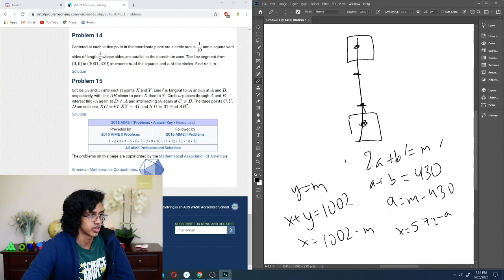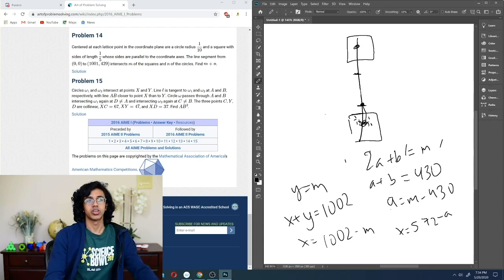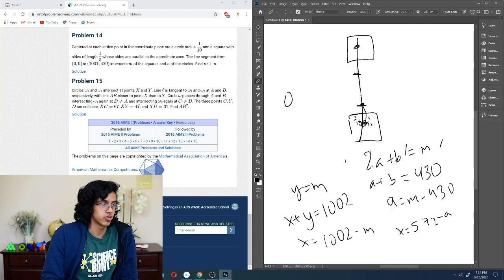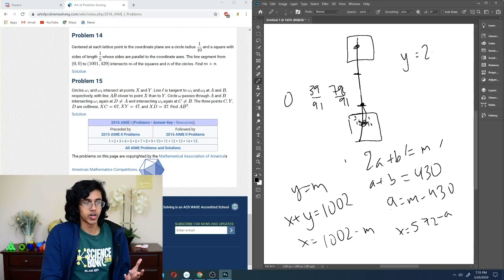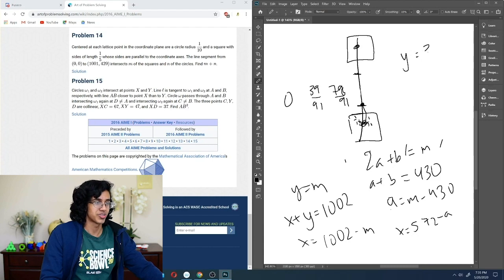So what is this right here? What is this height? So this over here is going to be 1/10. So this over here is going to be 9/10. And then this is 1/10 as well. So if we add these two, then you get 1/3. So this right here is 1/3, this length over here. So basically, we start with 0, then we go to 39 over 91, then 78 over 91, because our line is y equals 39/91 x.